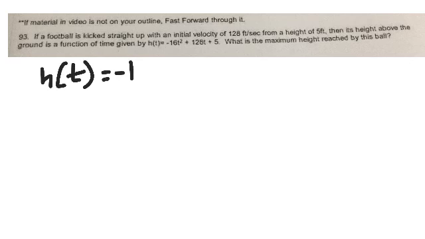So we know the height of the football is given by this equation, -16t² + 128t + 5. And so again, this is going to tell me the height of the football. So again, what am I being asked to find? I'm being asked to find the maximum height.